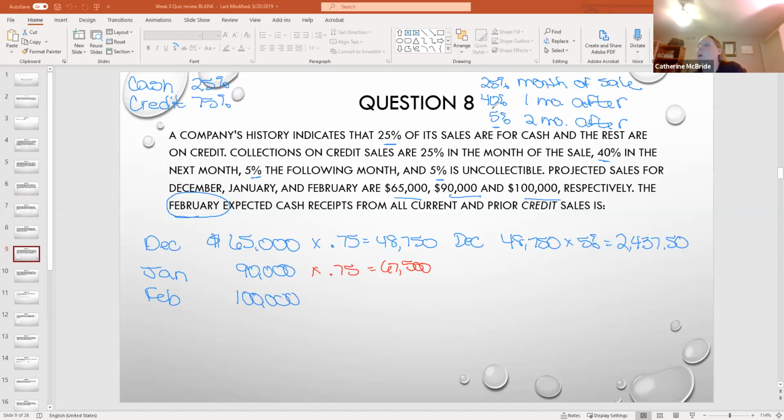So that's the 1 month after in February. So for January, we're going to collect 67,500 times 40%, or $27,000.